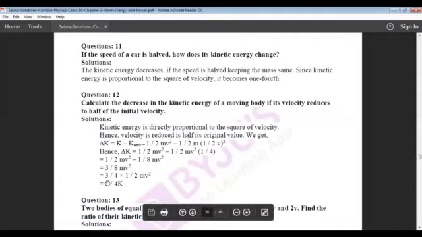Finally you will get 3 by 4 times the kinetic energy.